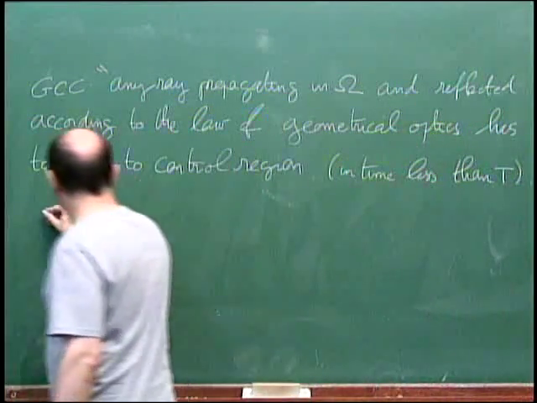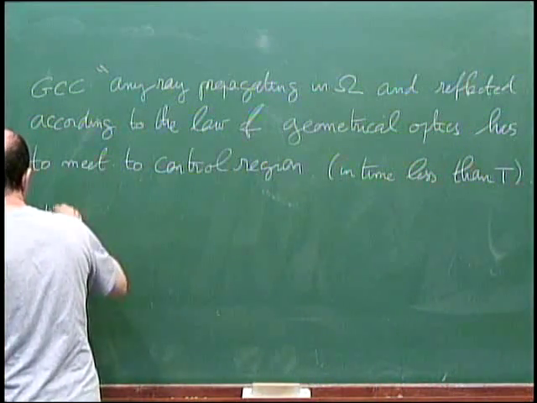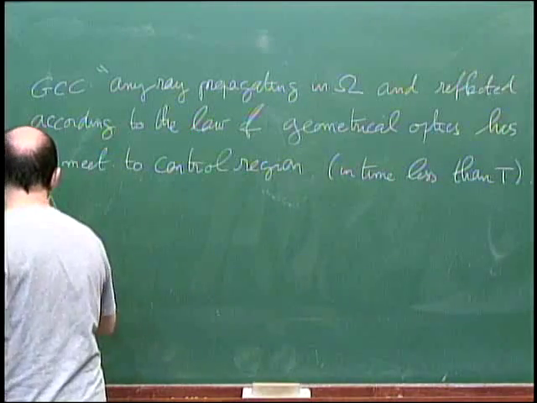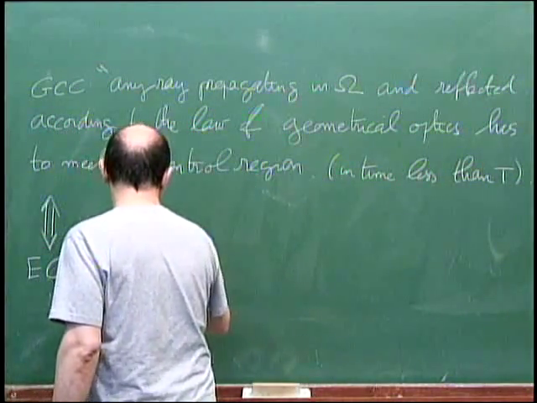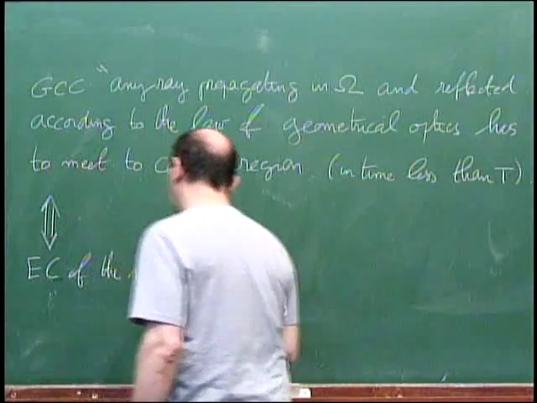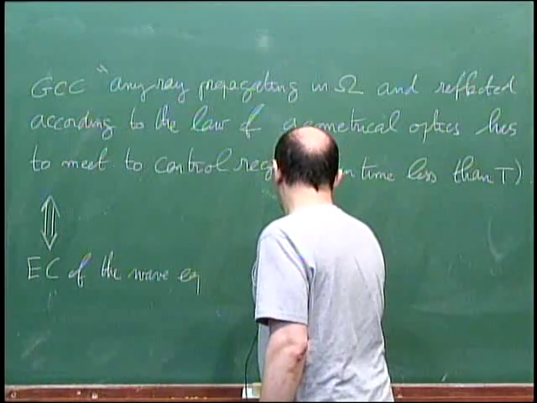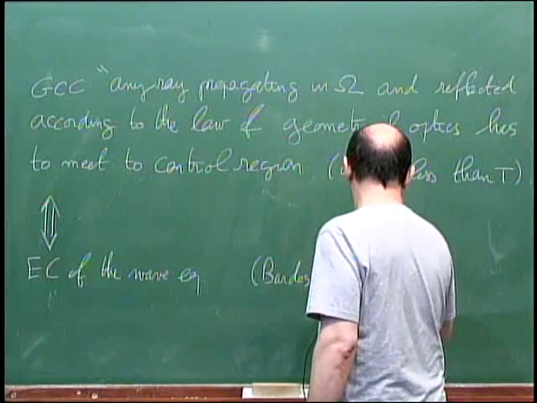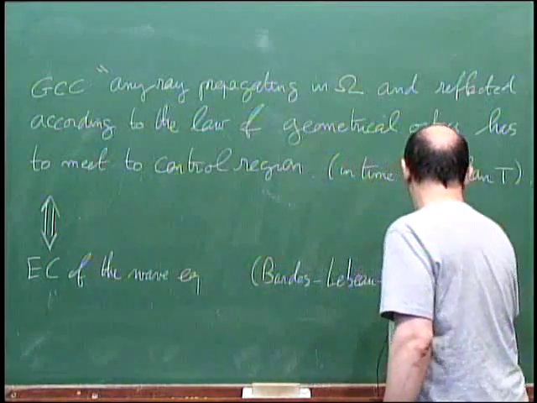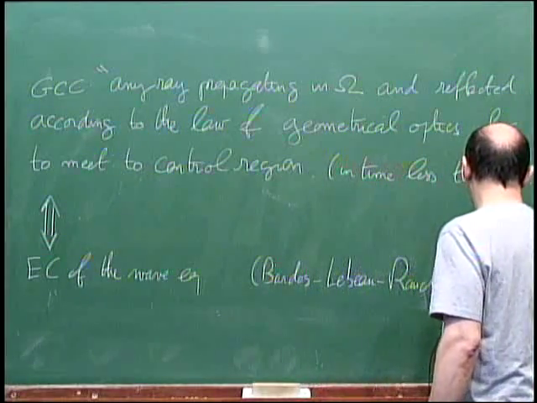So this is a necessary and sufficient condition for the exact controllability of the wave equation. This is a result by Bardos, Lebeau, and Rauch, and this was proved in 1992.